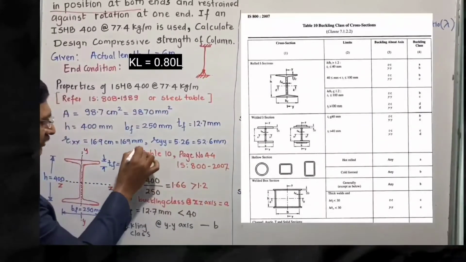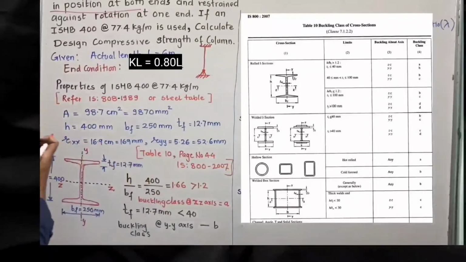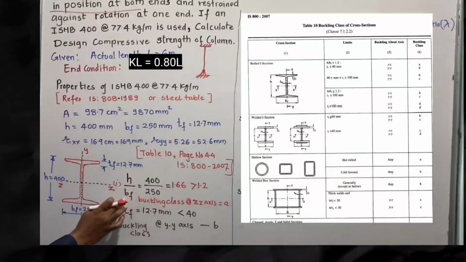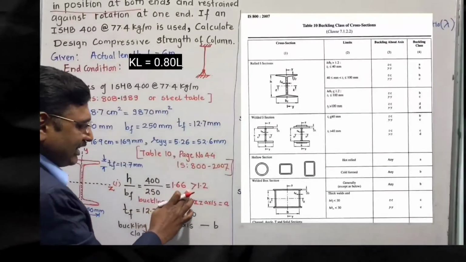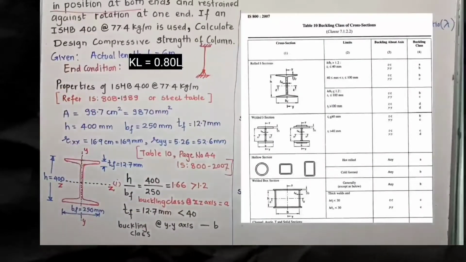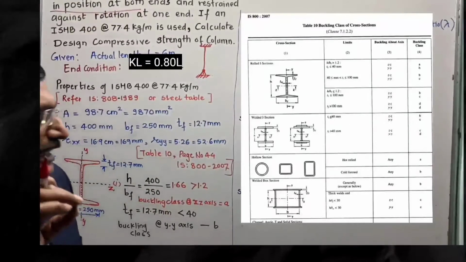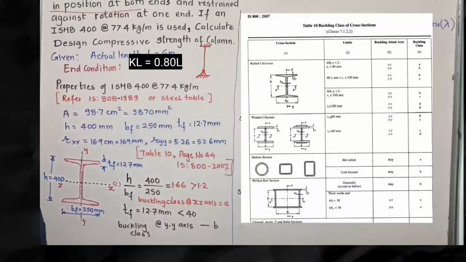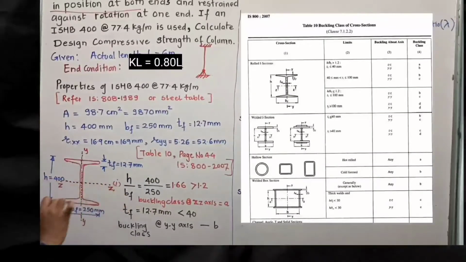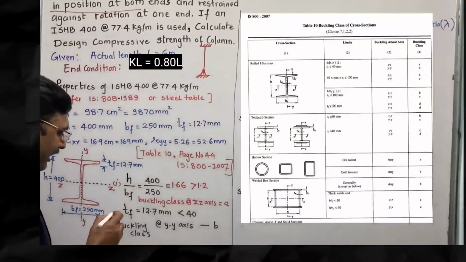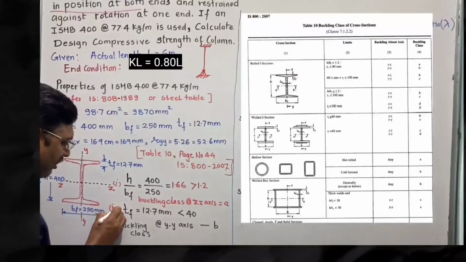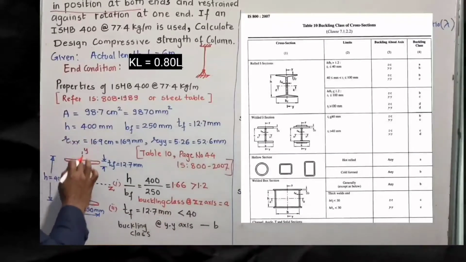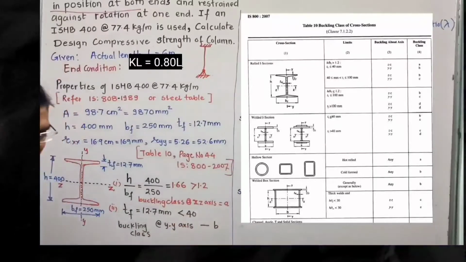From this Table 10 of IS 800, when we take the ratio H by BF, it comes to 1.6, which is greater than 1.2, and the buckling class when it is greater than 1.2 is A about the ZZ axis, that means the XX axis. And second is the thickness of flange: if it is less than 40, then about the YY axis the buckling class is B.